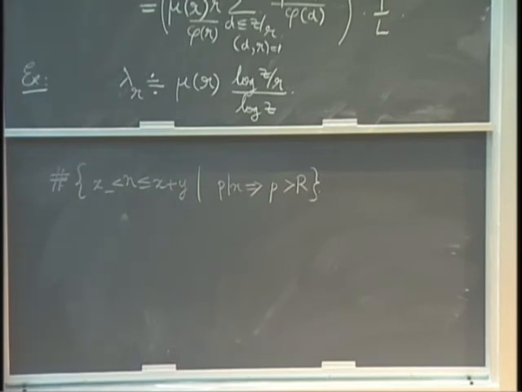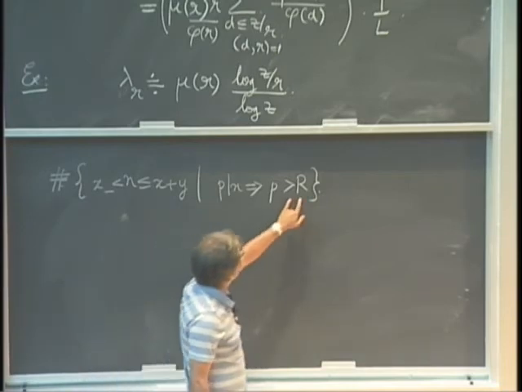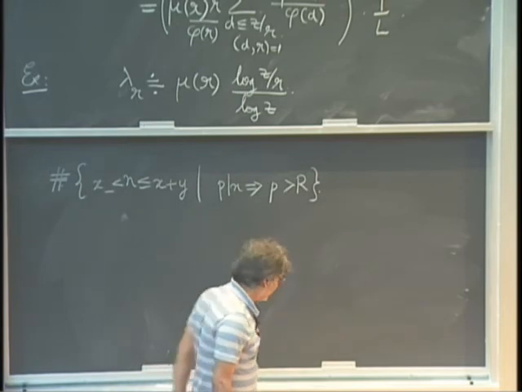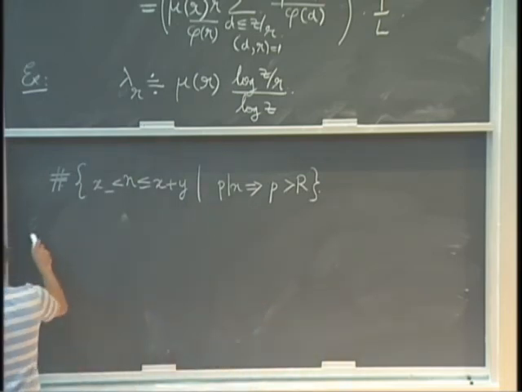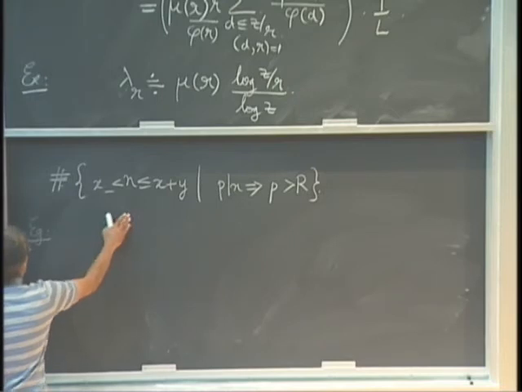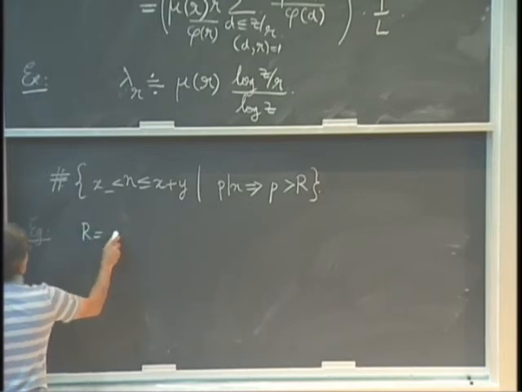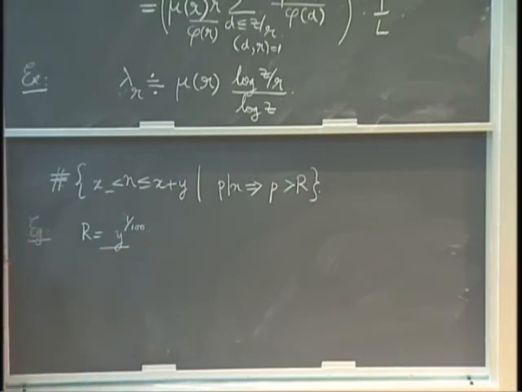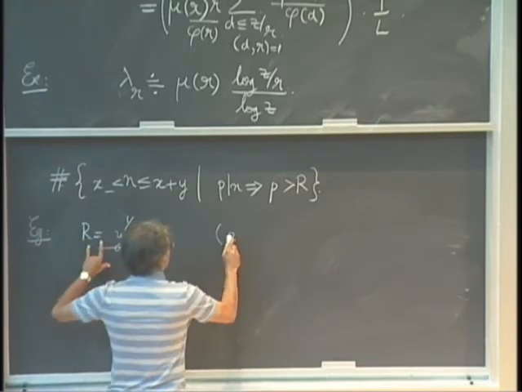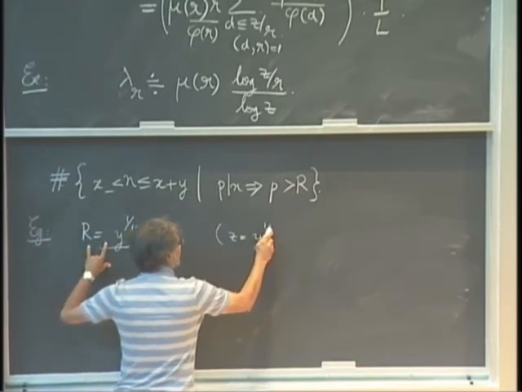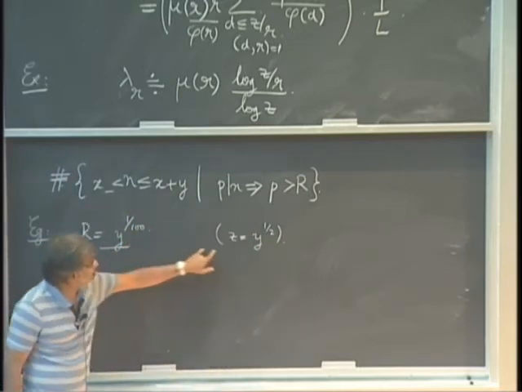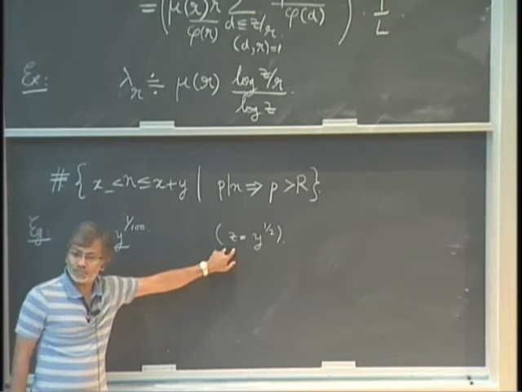Okay? So of course, if R happens to be bigger than z, there's nothing I can do about it. But let's say R is fairly small, so let's imagine that we are in this kind of situation. Think of R as like y to the 1 over 100, right? So remember that z was chosen to be y to the 1/2. So let's say we are thinking of the situation where R is substantially smaller than z. Yeah?